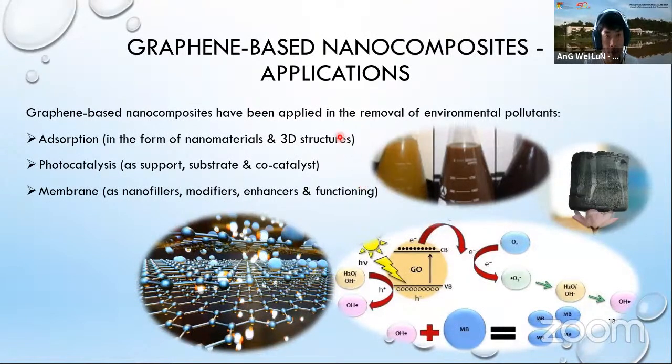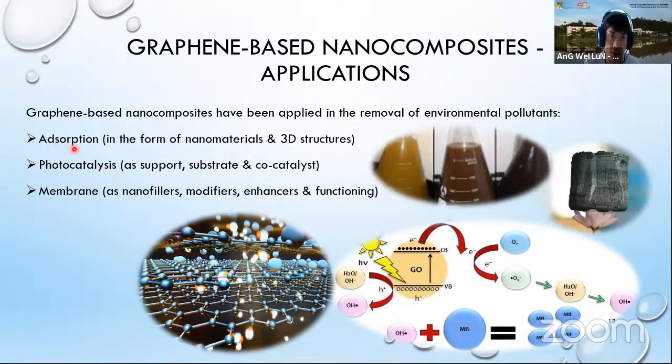The three main applications of graphene-based nanocomposites in this sharing will be based on these three categories. Of course there are other fields of application of graphene-based nanocomposites in environmental pollution, but the three big areas are adsorption, photocatalysis, and membrane.